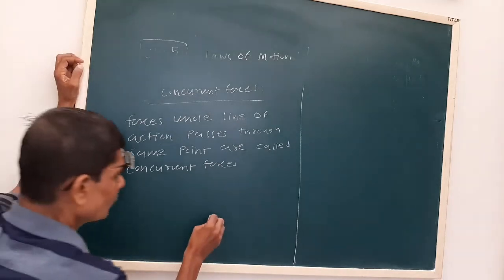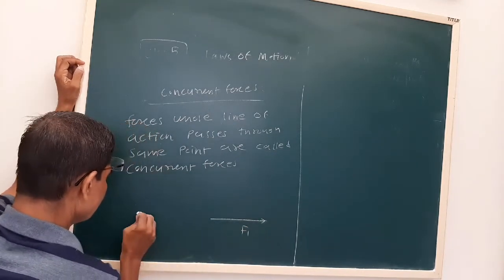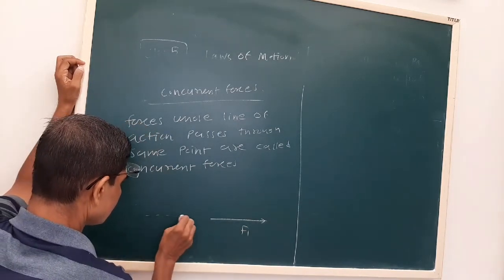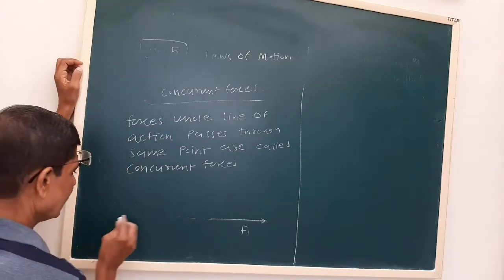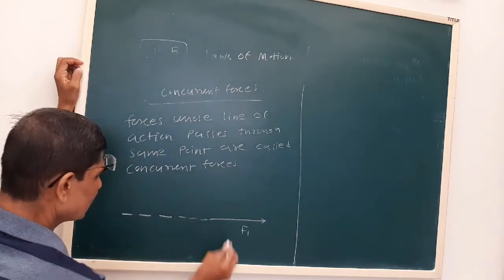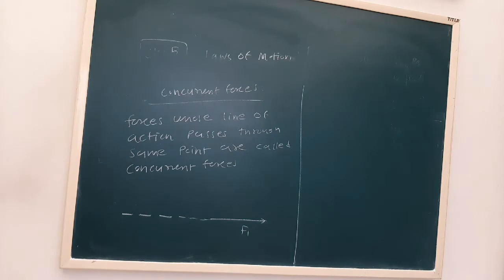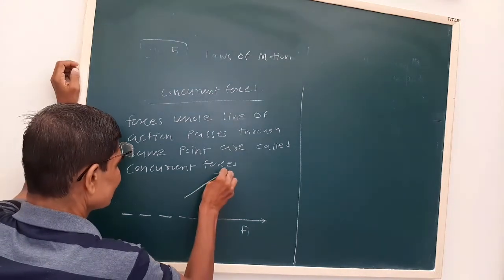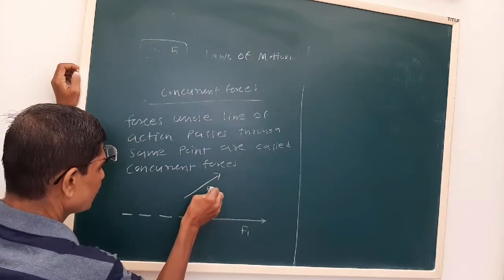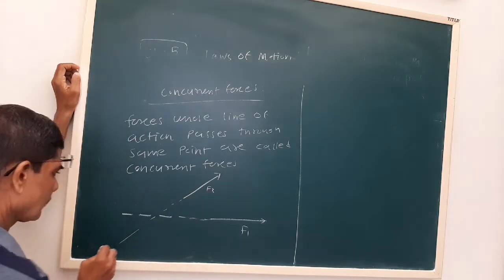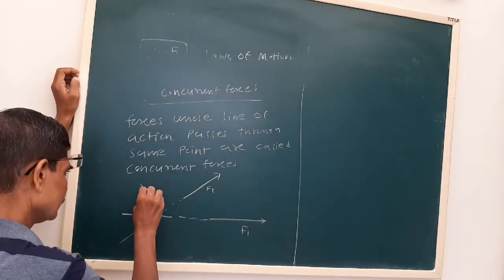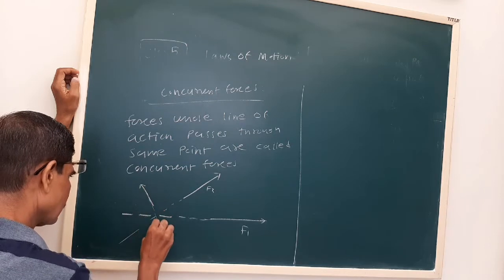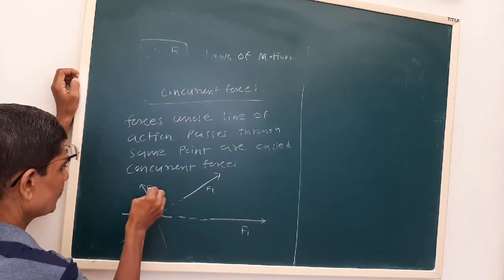Okay, now let us say one force F1. This is called the line of action of the force, that you have to keep in mind. This is F1, F2, F3. This is the line of action of force F1, this is the line of action of force F2, and this is the line of action of force F3.